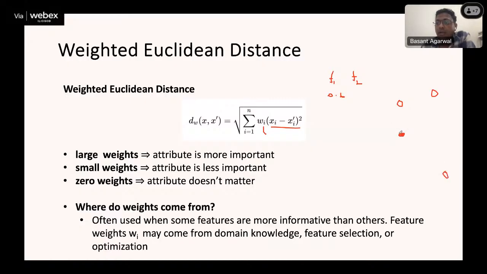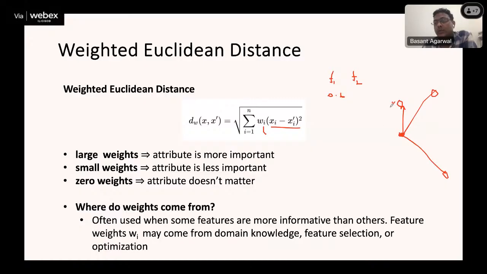We can also give weights to the samples, with more weight to the samples which are nearer. So this sample is nearer, so we can give more weight to this label, and less weight to this sample.